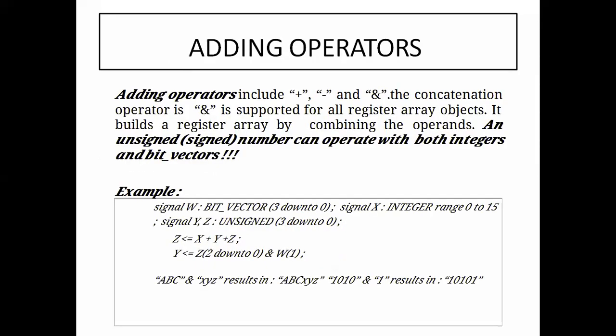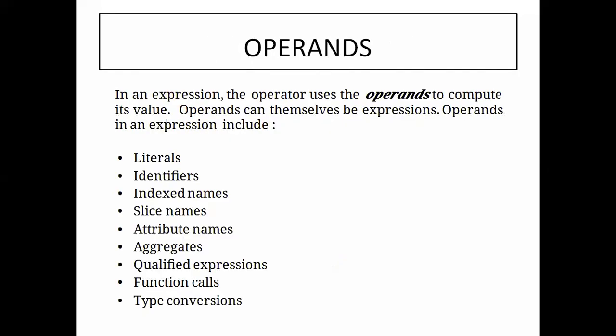Then you have the adding operator. For this adding operator you have addition, subtraction and concatenation. These operations come under this class of adding operators. The fifth class is multiplying operators. We have already discussed which operations you can perform with them: multiplication, division, modulus, remainder.